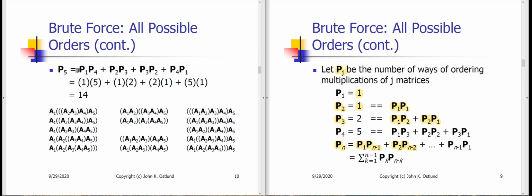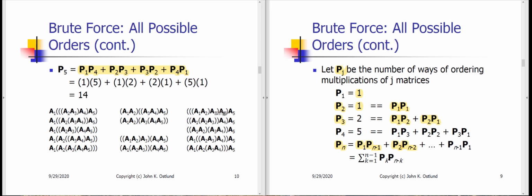In fact, if we extend this idea out to 5 matrices, the number of ways that we can multiply 5 matrices together, now that we know the pattern, is actually fairly easy to just list out. We can multiply A1 by all the possible ways of multiplying 4 matrices.